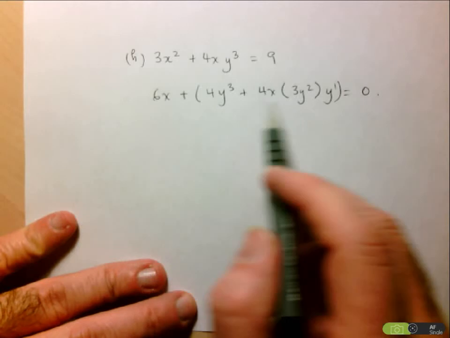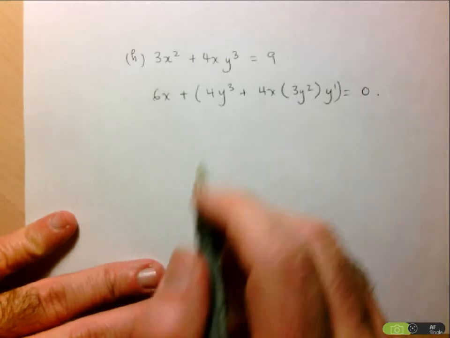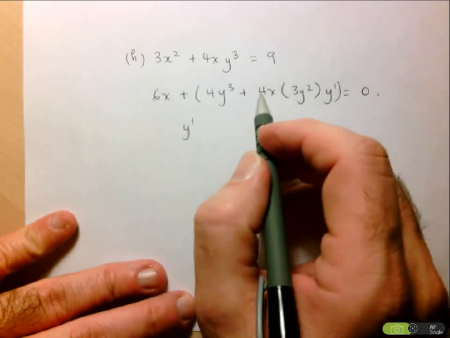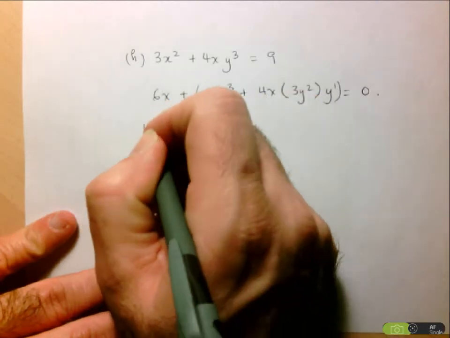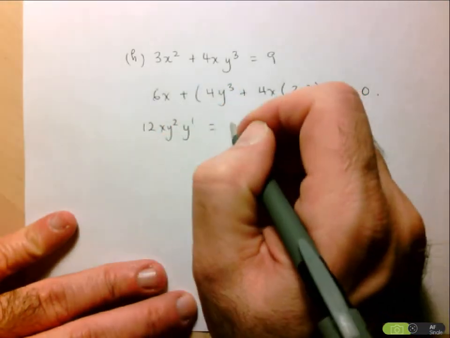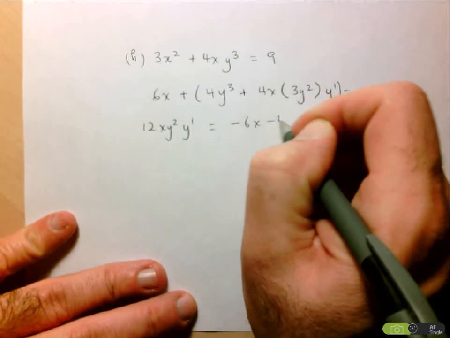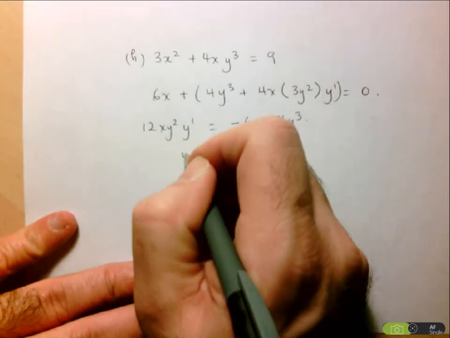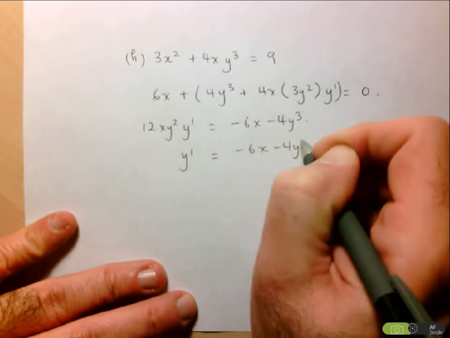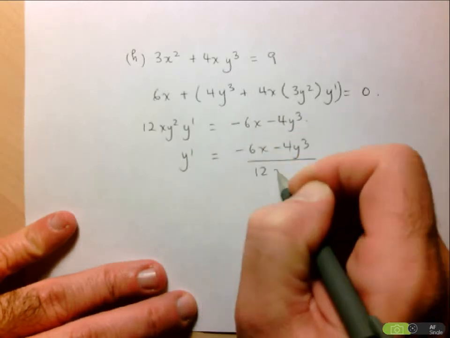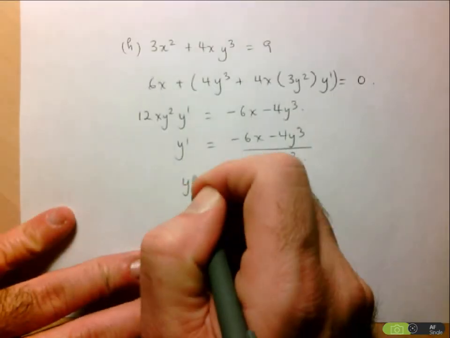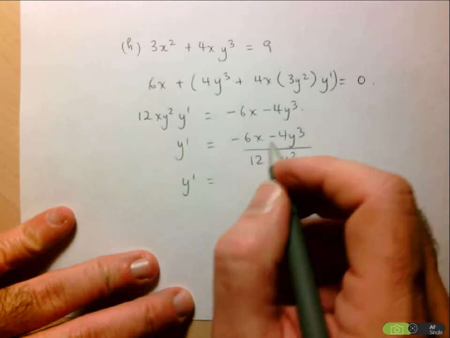We see that there's only one term that's going to have the derivative of y, so let's keep that on the left hand side. So y prime, and here we've got 12xy squared. And to the other side we'll bring the other two terms, so negative 6x minus 4y cubed. Now we can isolate y prime. So negative 6x minus 4y cubed all over 12xy squared. Looks like we can simplify a little by factoring out the numerator.